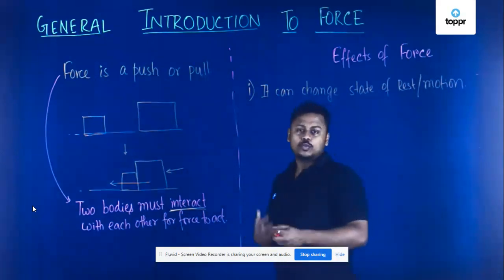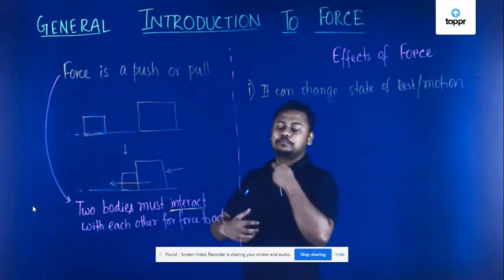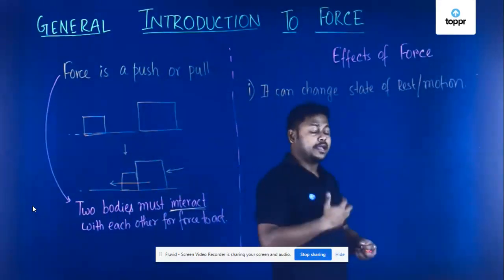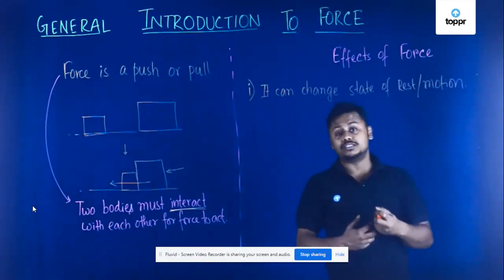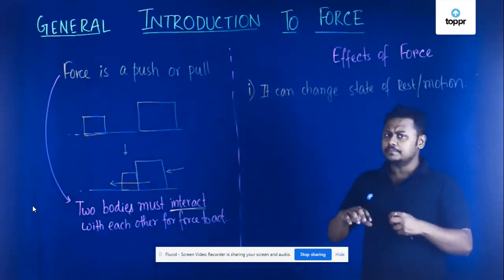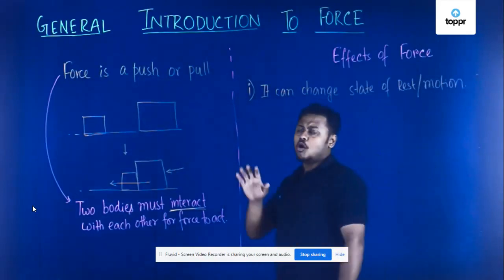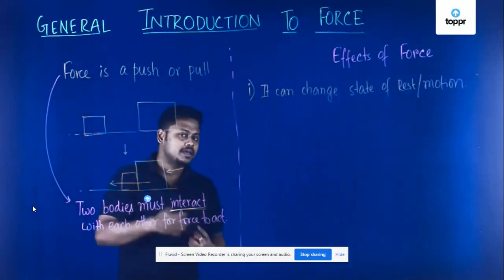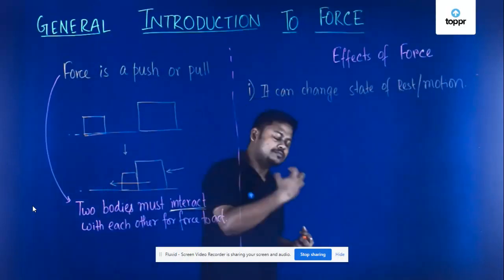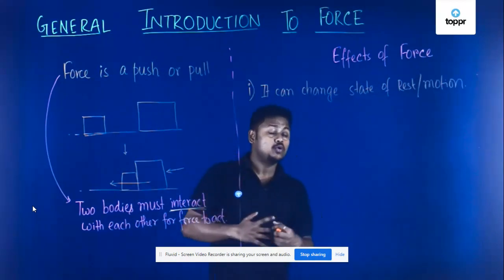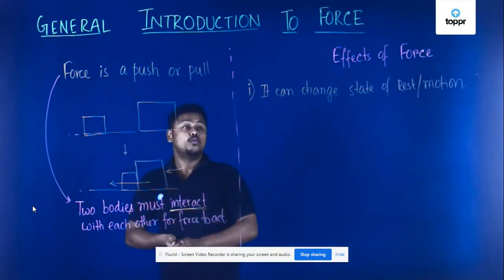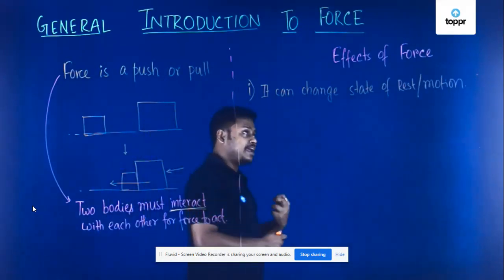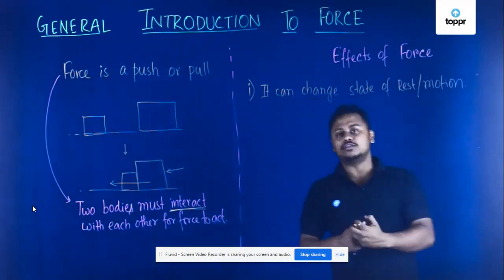So we can speed up any moving body by applying force in the direction of motion. Again, if you apply force opposite to the direction of motion, gradually its speed will come down. So we can say that force has the effect of increasing the velocity of the body.